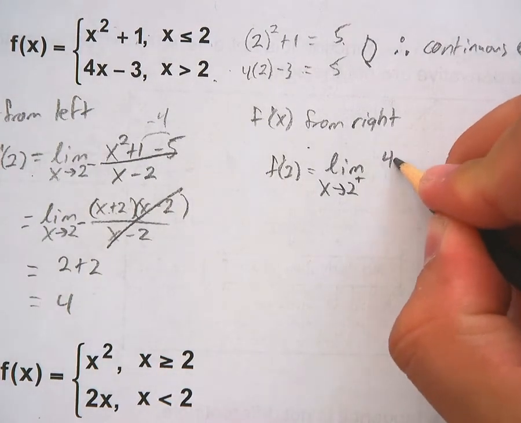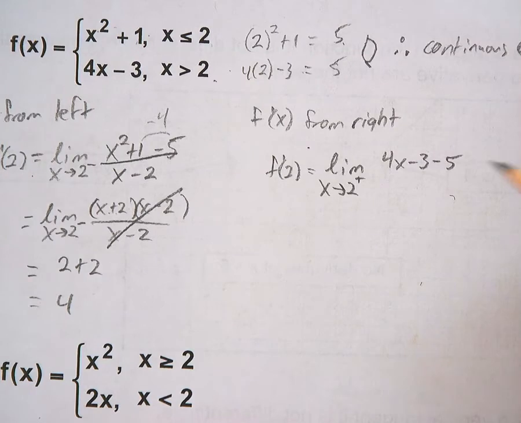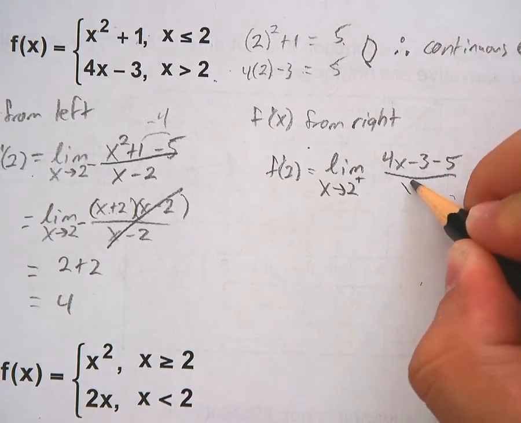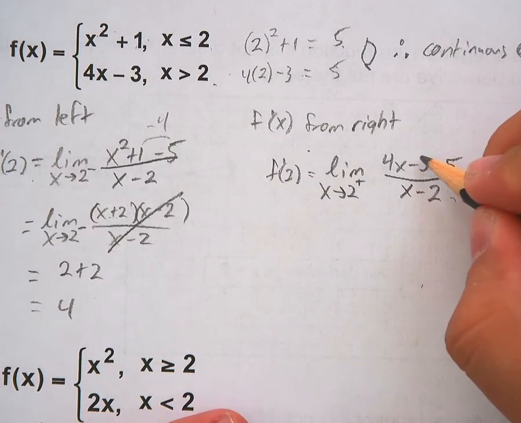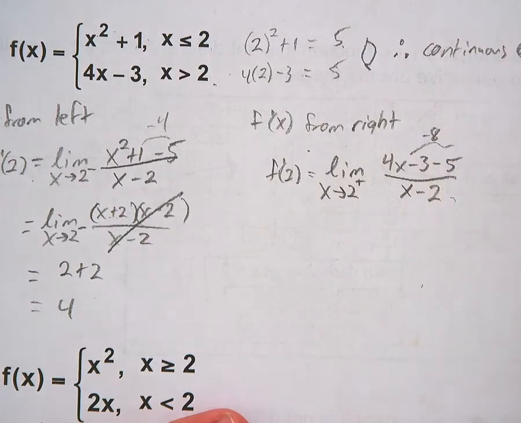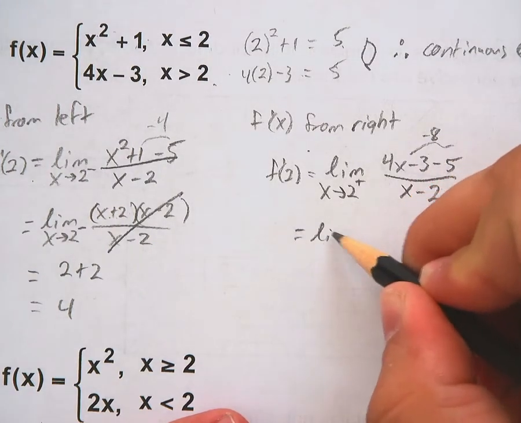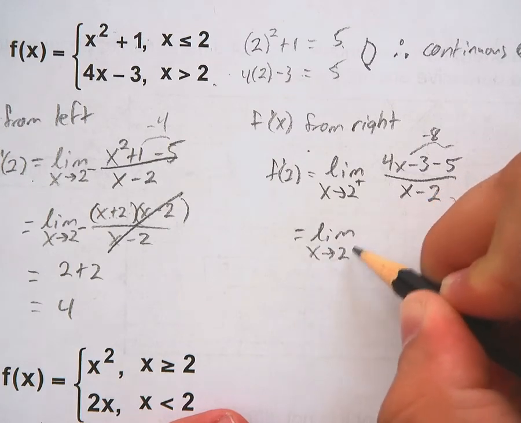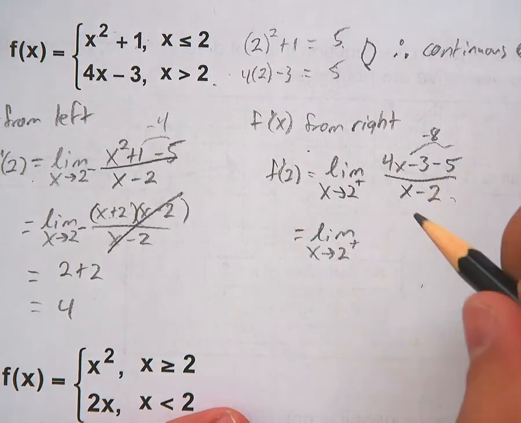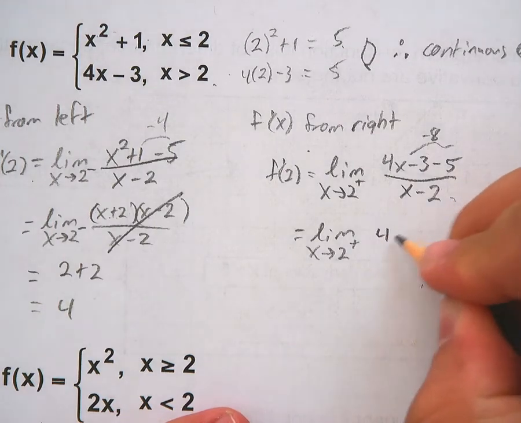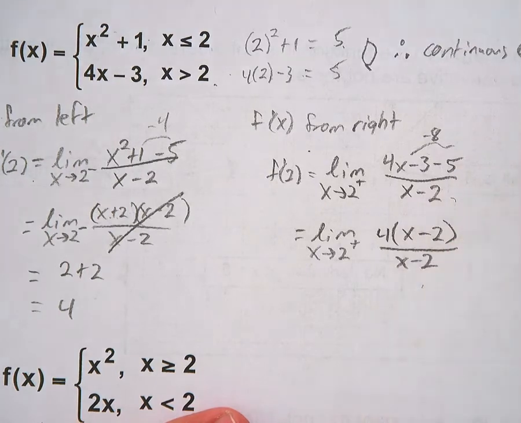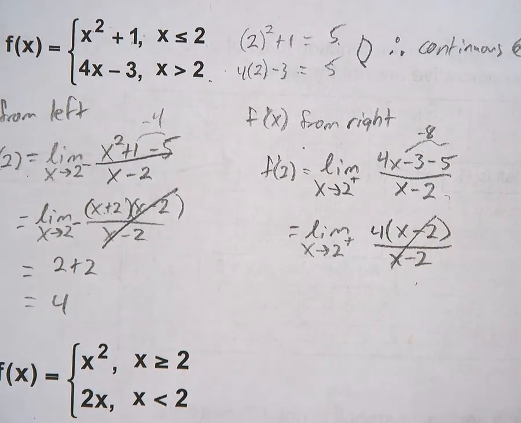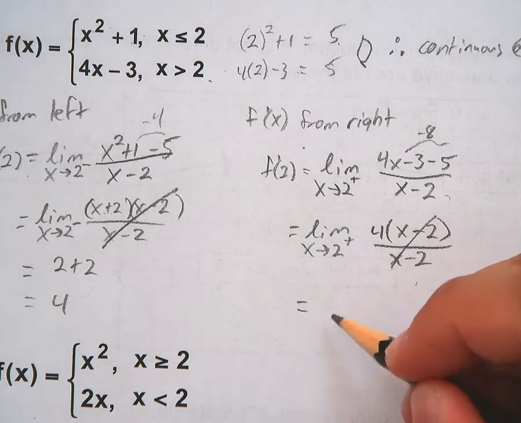And that's 4x minus 3 minus 5 over x minus 2. Okay, 4x minus 3 minus 5, this is going to give me a negative 8. So this is going to be the limit as x goes to 2 from the right. Now this is 4x minus 8, so let's say we take a 4 out of there and we get x minus 2. Because I know that's what I'm looking for anyways. So the limit is 4.